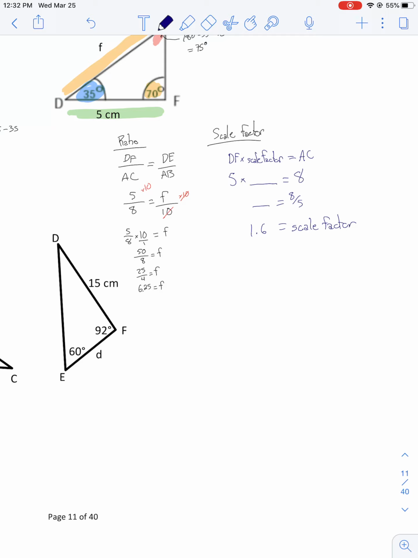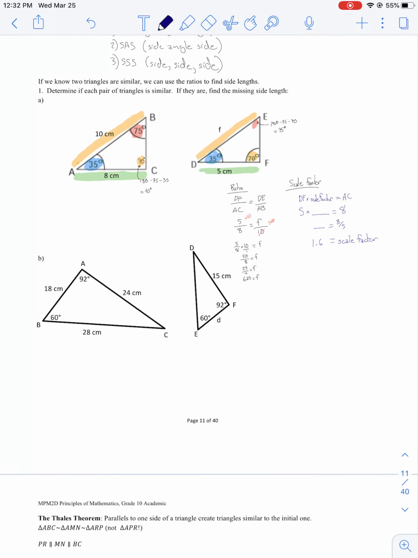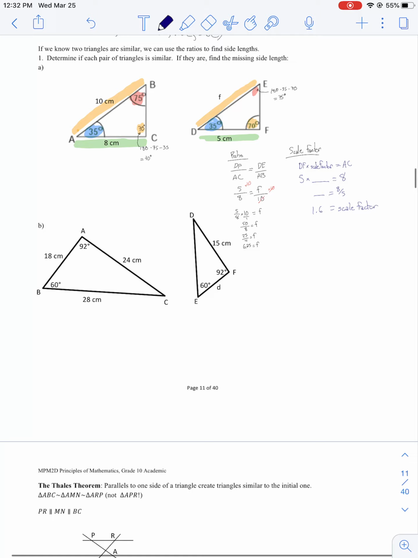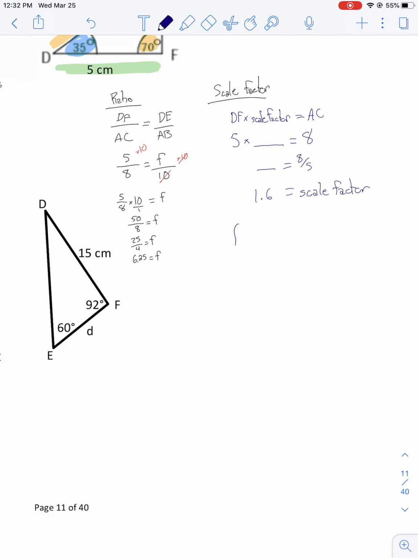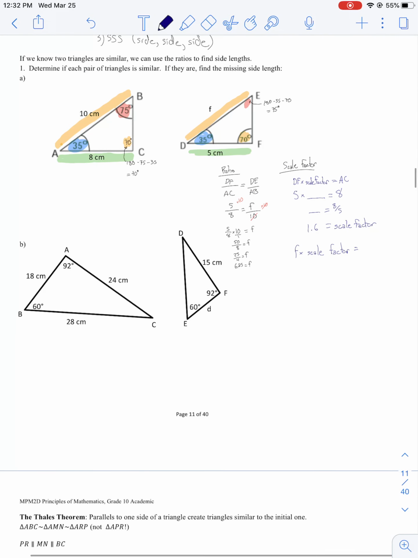So that means that every side in our smaller triangle gets multiplied by 1.6 to get the larger side in our bigger triangle. So then we would say, okay, well, f times your scale factor needs to equal your bigger side, 10 centimeters.